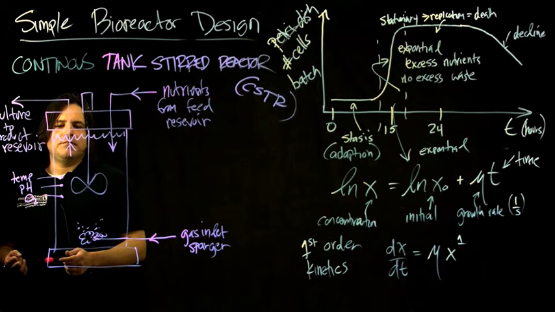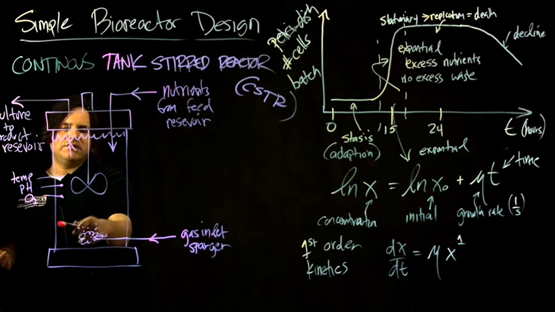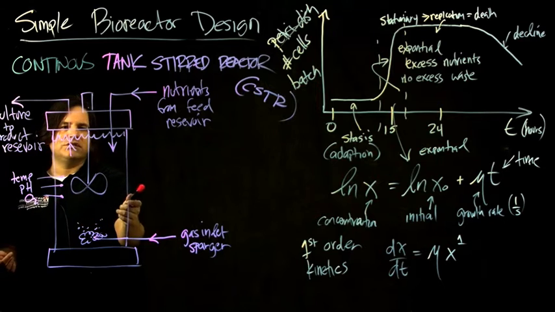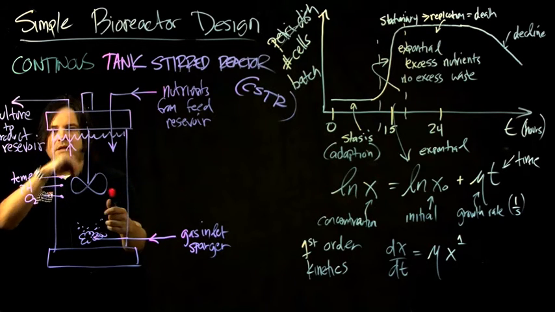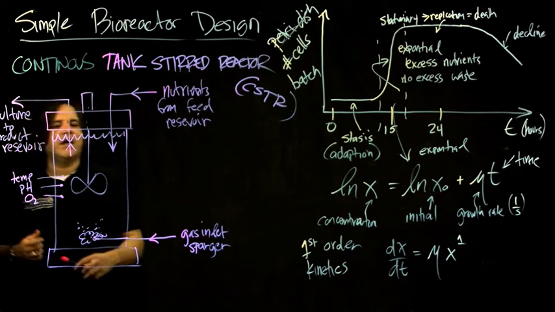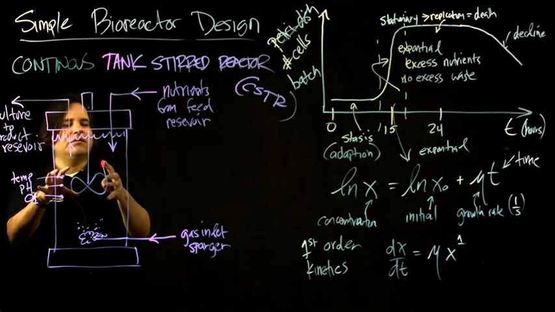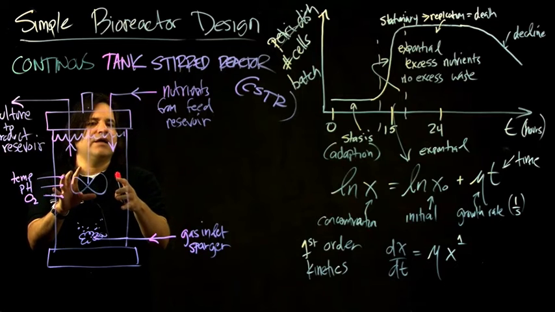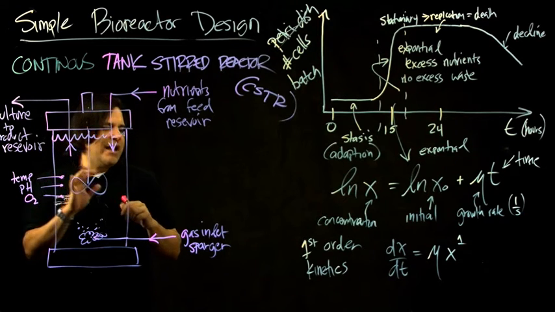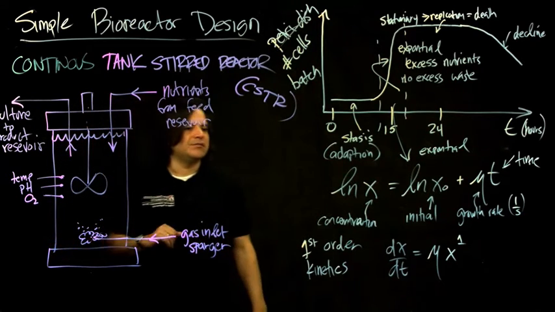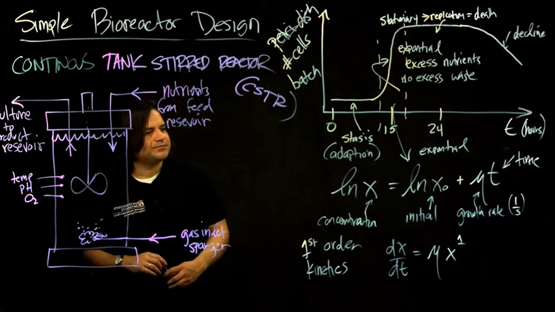And if you don't do that, you can imagine pockets of dead zones or pockets of rich zones, which is not ideal, because you want a consistent product outside without any weird pockets. So all of this is important in terms of the specifics of the design, but we're going to analyze this under very simplified assumptions.